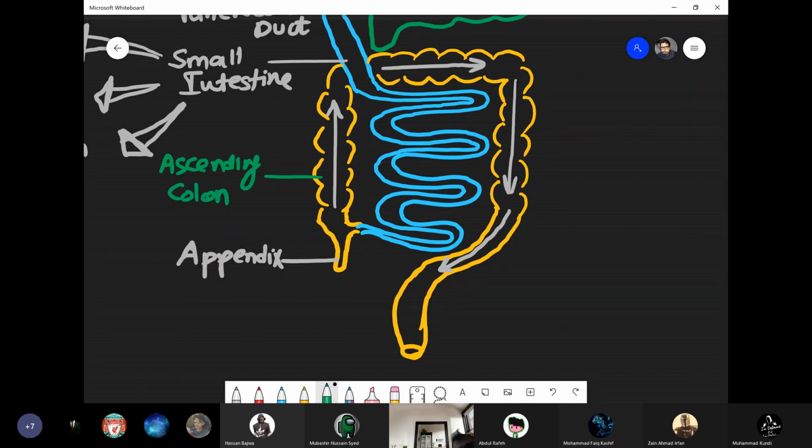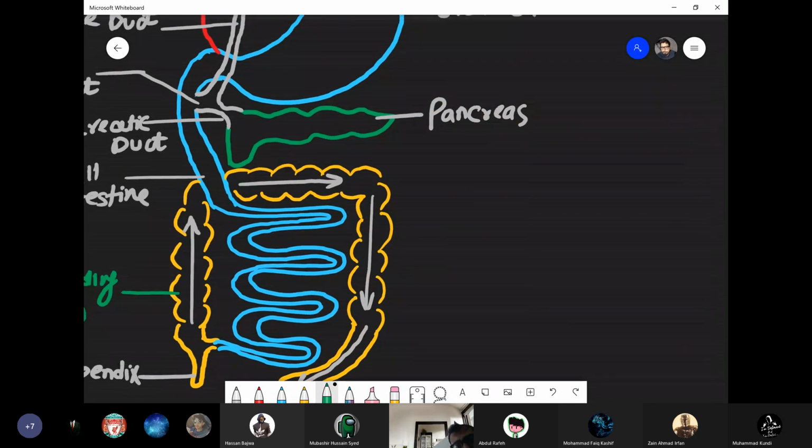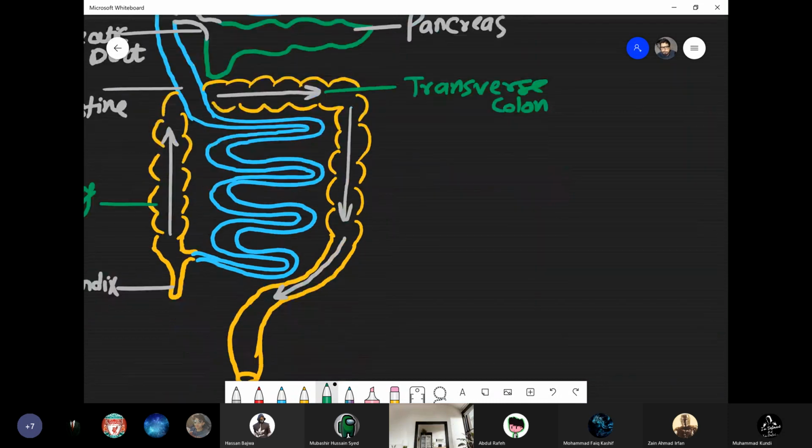Then, boys, this over here is called the transverse colon. The other name for the large intestine is colon. Now, boys, remember the correct pronunciation of intestine. Okay.